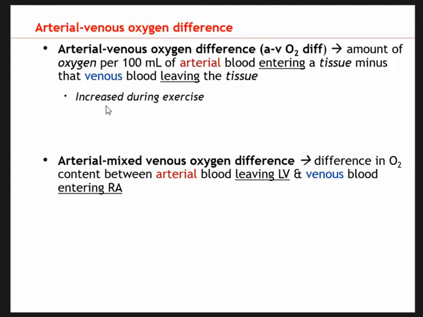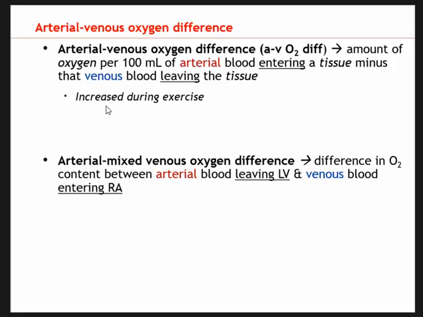So this value here represents the difference for all body's tissues, metabolically active and inactive. So if only measuring active tissue, AVO2 difference would be about 19 milliliters per 100 milliliters of blood, but it takes into account both active and inactive.